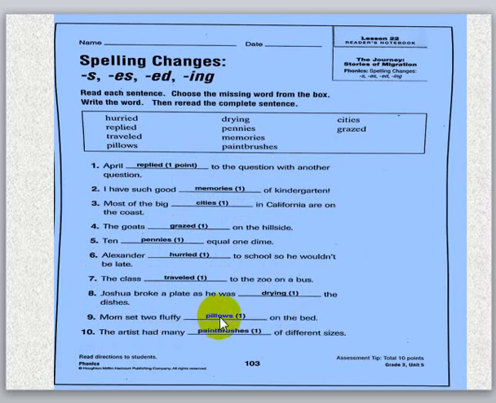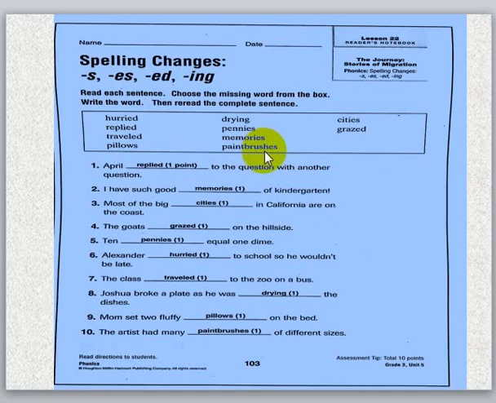And the last one here is paint brushes. Paint brushes is the plural of what? Of paint brush. For a plural, do we put S only? No, we can put S, we can put ES. The question is, why did we put ES here? Because this word ends in SH.